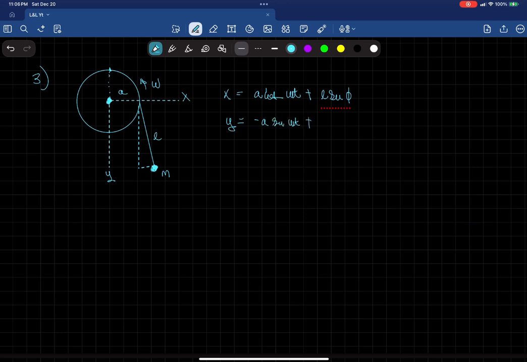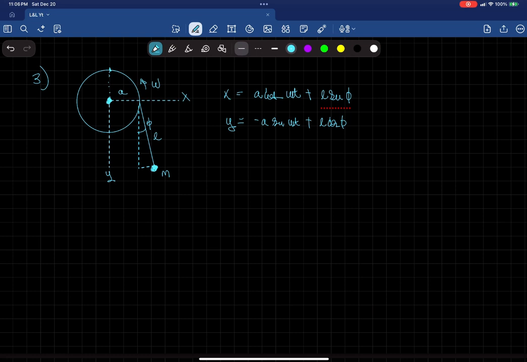And again, we don't just have the circle moving, we have the pendulum attached to the circle. So that gives us the cosine corresponding to this angle, which I called phi here, so that is L cosine phi.